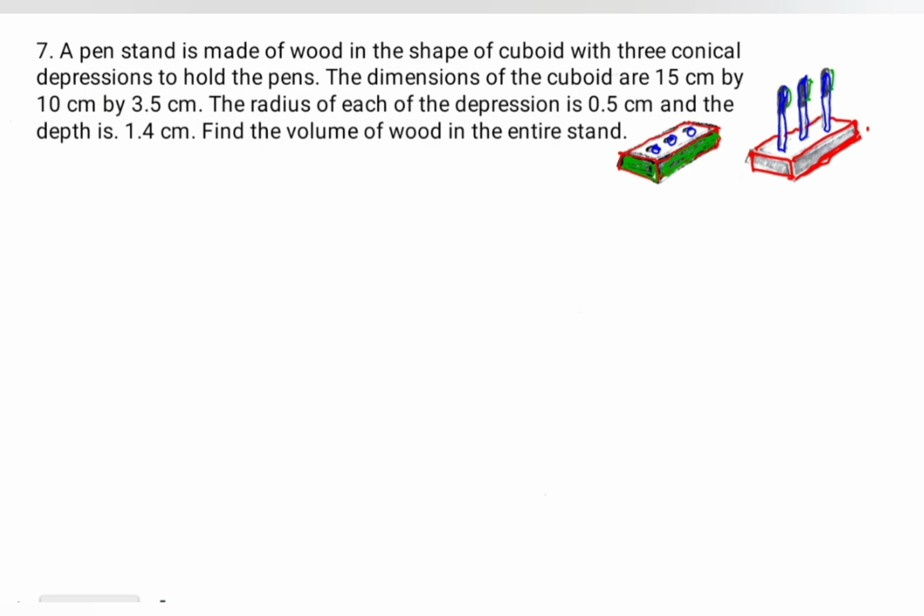The volume of the cuboid: 3 dimensions are given, 15, 10 and 3.5 centimeters, and the depression radius is 0.5 and depth is 1.4 centimeters. Now we need to find the volume of the cuboid.